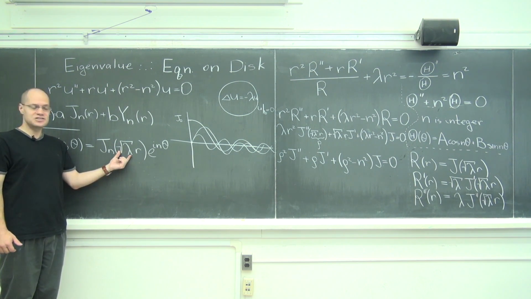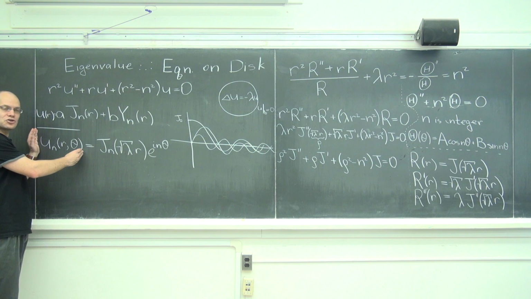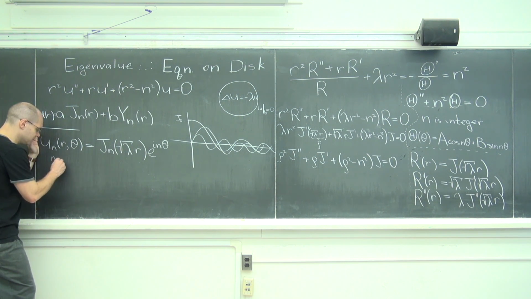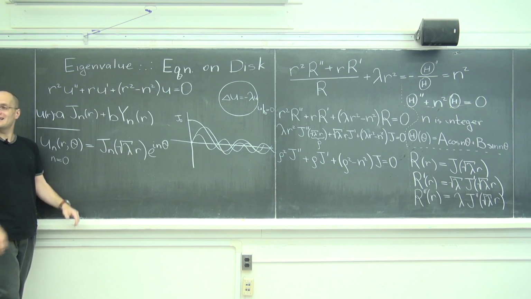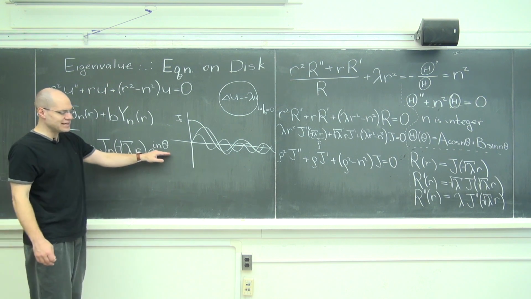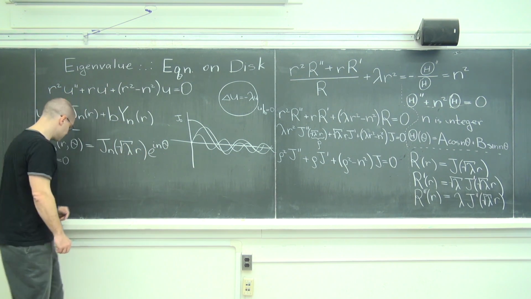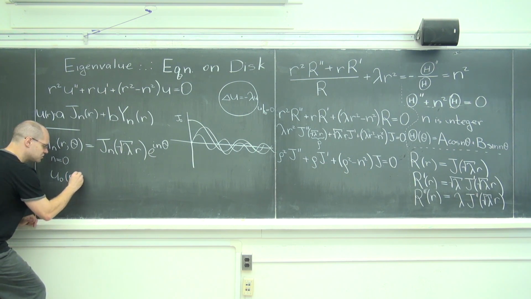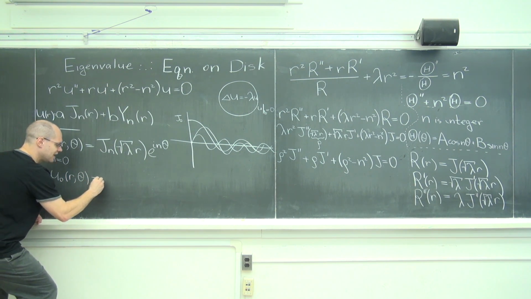Lambda needs to be such that this equation has 0 when you plug in r equals 1 for all theta. So what is lambda? Let's consider n equals 0, which is your pure radial solutions. e to the i n theta is 1, so u sub 0 is actually a function of r alone, and it equals this.